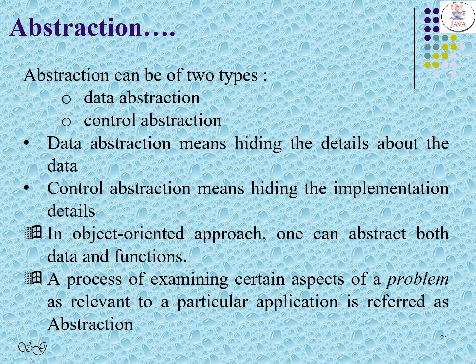In the object-oriented approach, one can abstract both data and functions. A process of examining certain aspects of a problem as relevant to a particular application is referred to as abstraction.